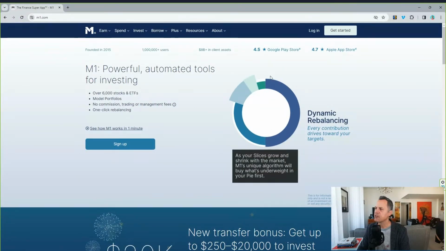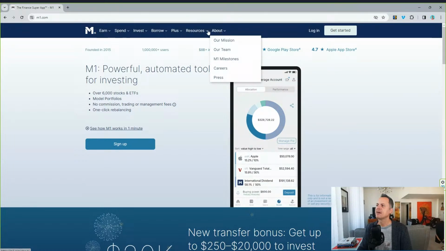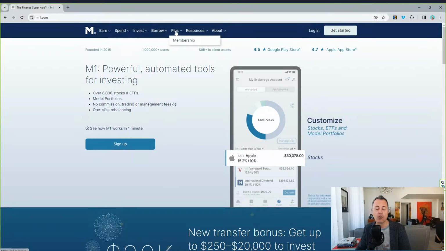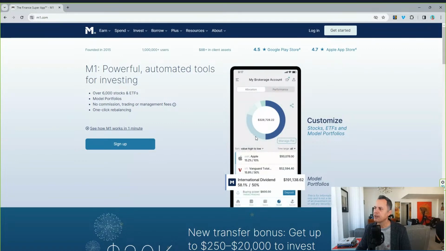It gives everything, gives a nice portfolio. You could even, if you want, you can even follow Warren Buffett's portfolio. Oh, here's the Vanguard I was talking about, that VTI. You could pull up the portfolio for Berkshire Hathaway. It's super cool.